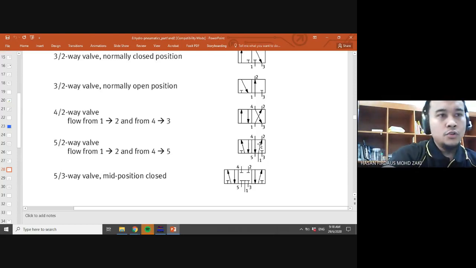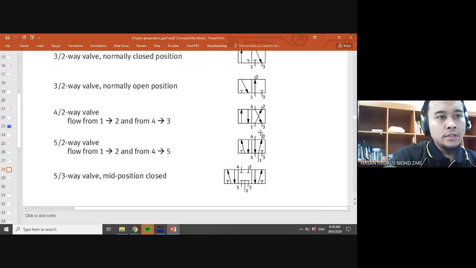So you can either exhaust through 3 or 5. Okay. So here, you see 1 to 2, all right, 4 to 5, and 3 is blocked.